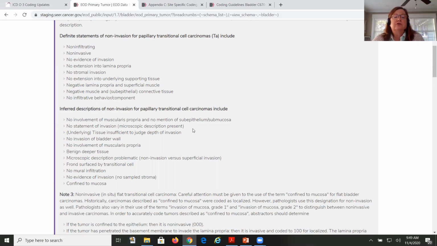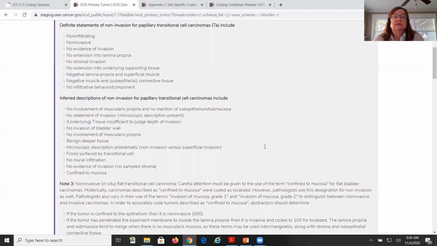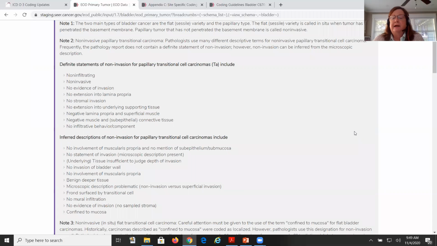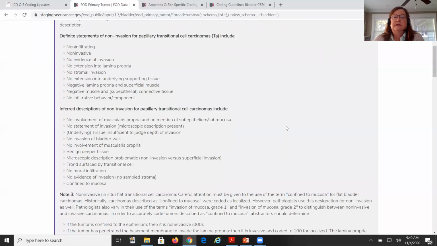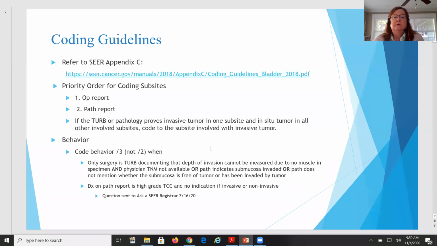Their instruction is, when you have no statement of invasion, you are to code that as 000 for non-invasive papillary, which a code of 000 infers a behavior of 2.